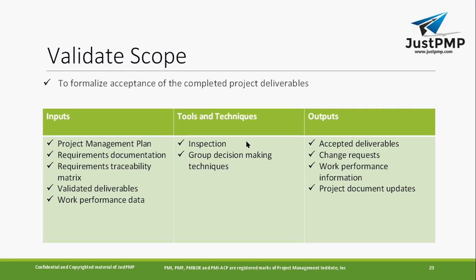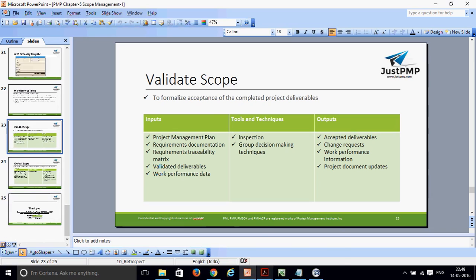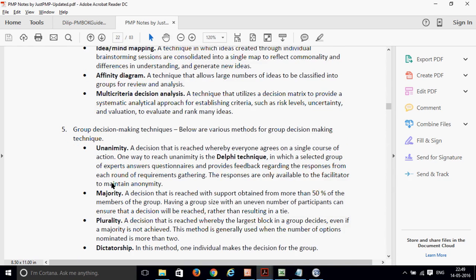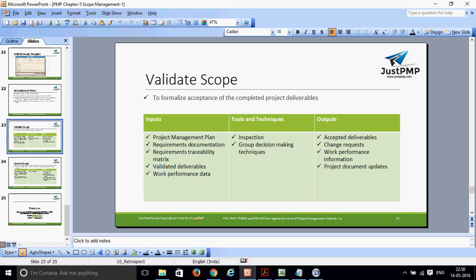Or maybe you use a group decision making technique to decide whether what they have given is accepted or not. You can use different group decision making techniques for your validation, like taking a majority vote. For example, some deliverables are there, and now you are comparing them.